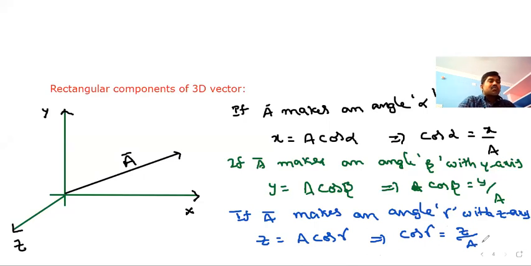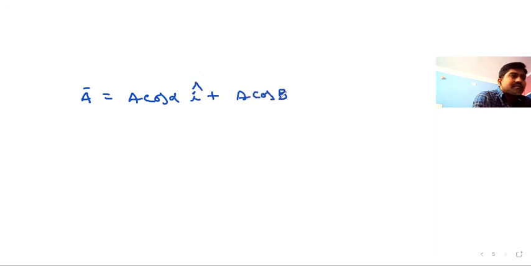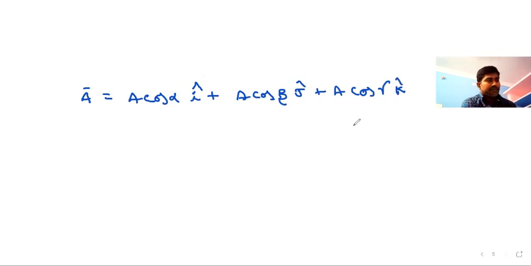Okay. Then what will be the whole vector? You can write the whole vector A bar as A cos alpha into i cap plus A cos beta into j cap plus A cos gamma into k cap.